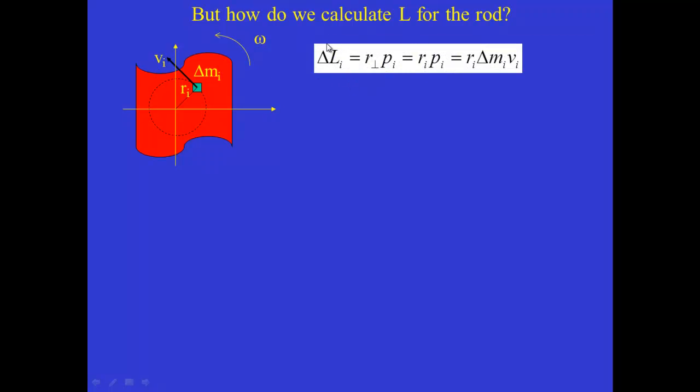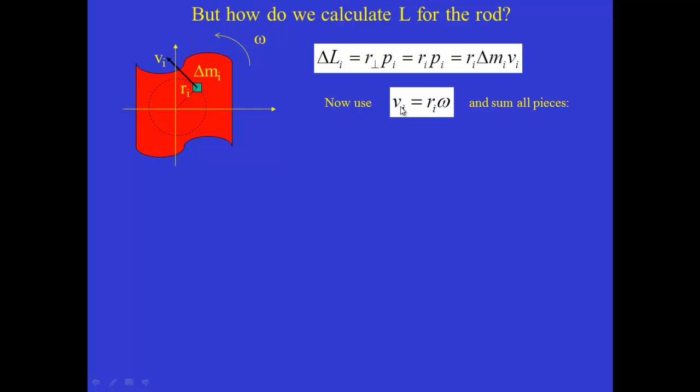Well, the tiny amount of angular momentum associated with this mass delta m is, of course, r perpendicular times the momentum for that piece, where r perpendicular is just the radial distance away from the axis. So that's r sub i in my picture. p sub i is nothing more than the mass times the velocity, so it's delta m sub i times v sub i. That gives me the angular momentum for that little piece.